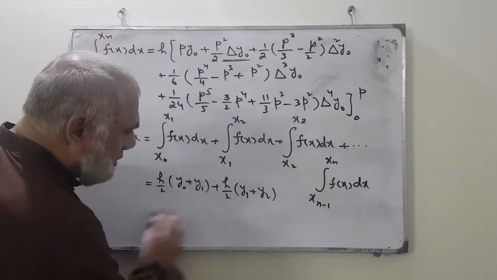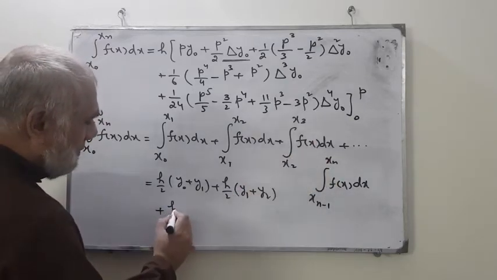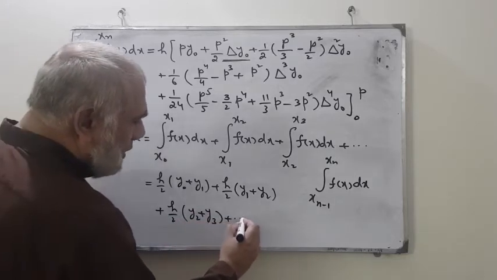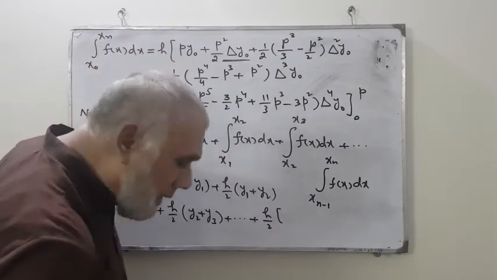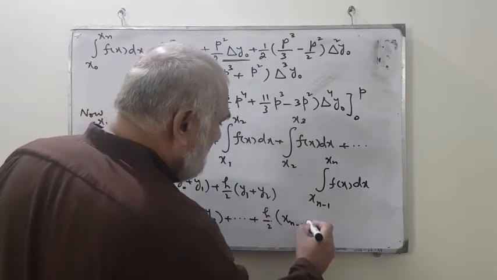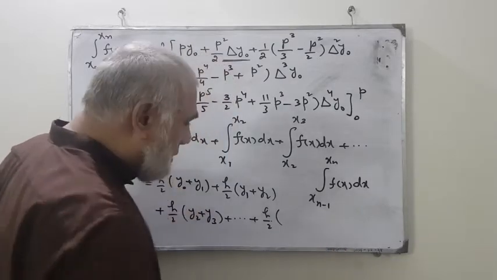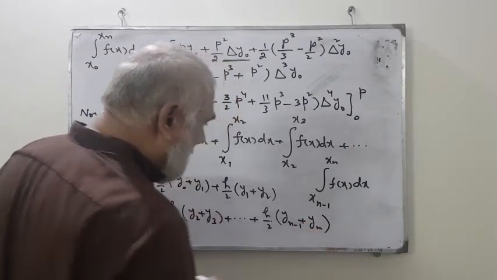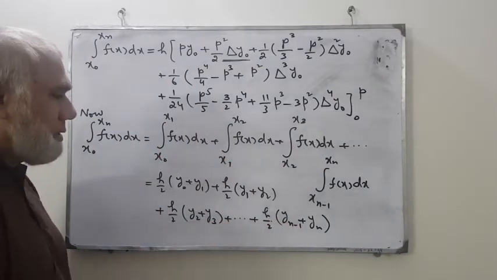And if you keep on doing, the result for the third integral will be h/2 times y2 plus y3, and many more integrals you can write down. And for the last integral, we get h/2 times y(n-1) plus yn. So here we have replaced all the integrals with simple algebraic results.